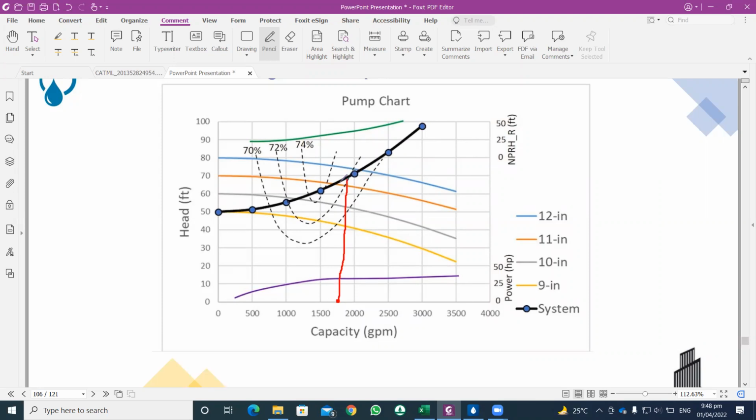It is somewhere in between, and then project it to the y-axis, and similarly project it in the upward direction, and then project to the right side at the y-axis.